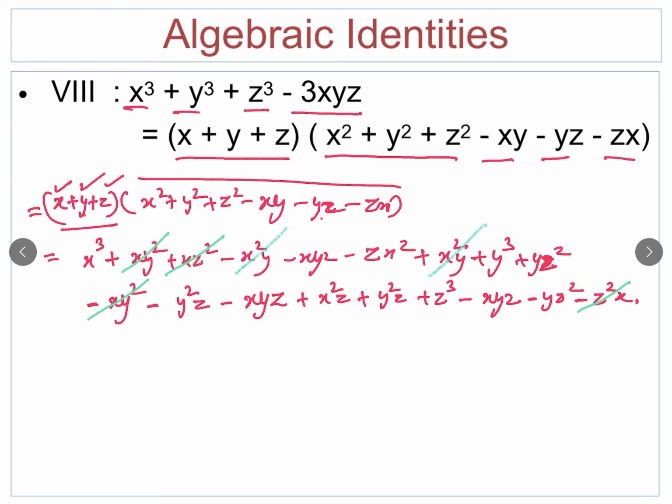Then we have minus x square z, and here we have x square z plus. Now we remain with this yz square of plus and yz square of minus, and minus y square z and plus y square z will also be cancelled out.